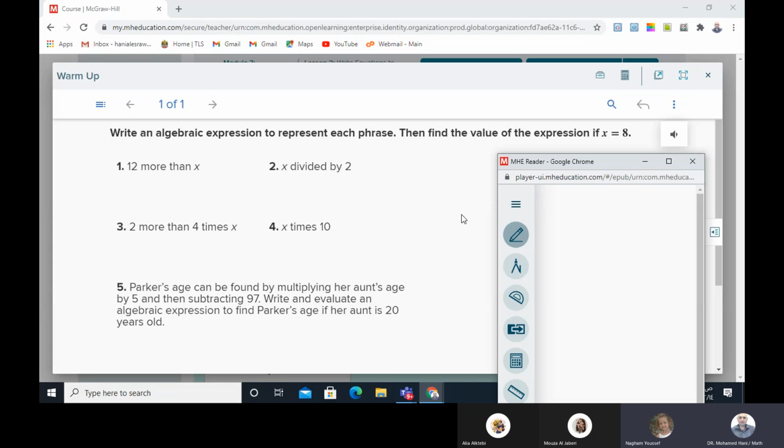So is the answer 12 plus x? Repeat your answer please. 12 plus x? Great. What is your name? I'm Nagam. Great. So the expression will be 12 plus x, because more than means plus.